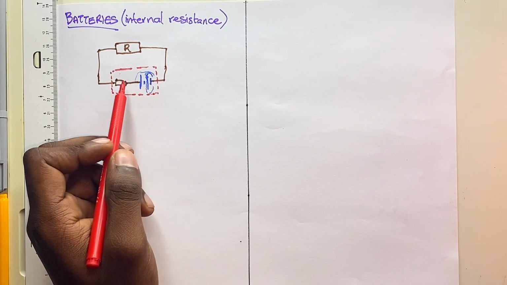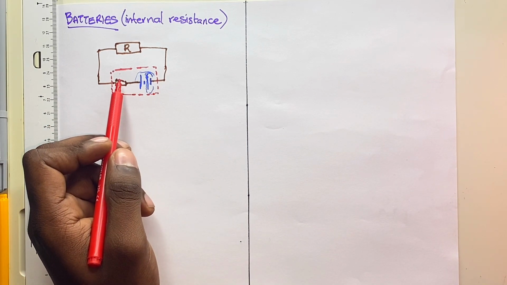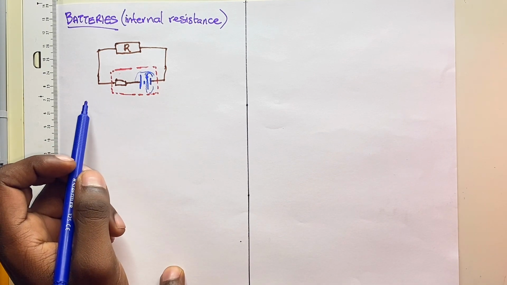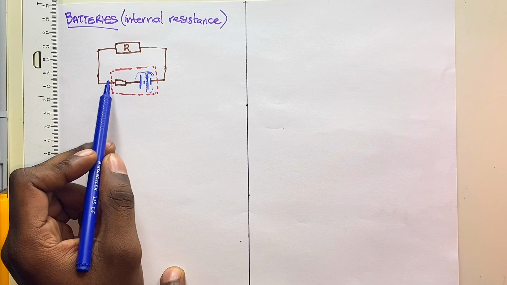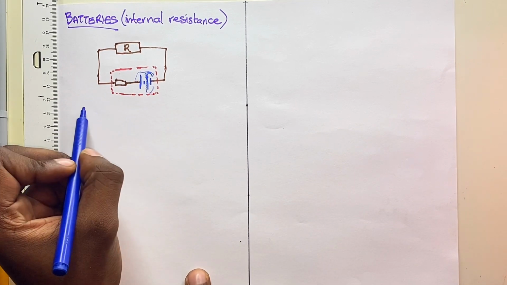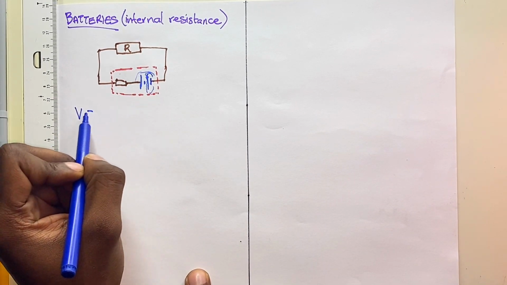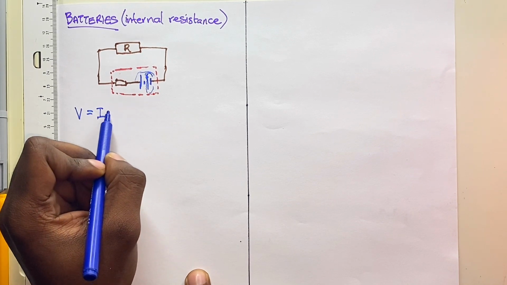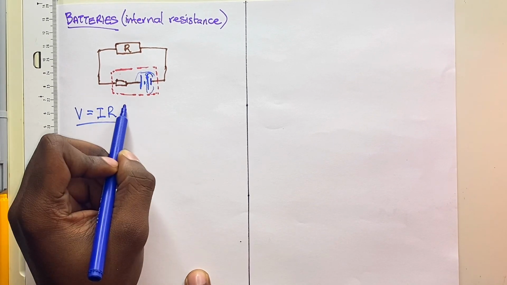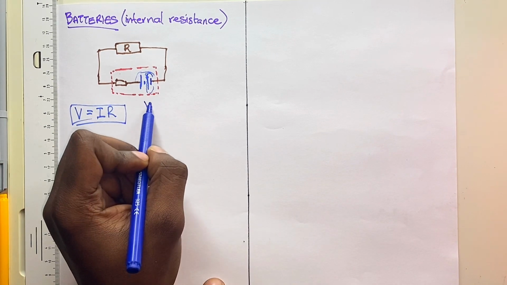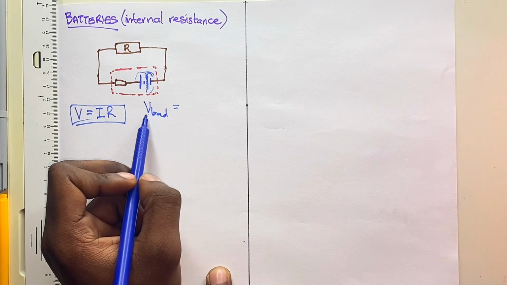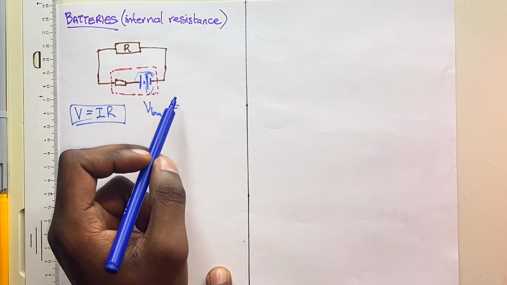The internal resistance isn't just a concept, it has real effects on the battery. Firstly, it causes a voltage drop as current flows. Remember with Ohm's law, to calculate the voltage, voltage is equal to current multiplied by resistance. Let's say you have V load. This V load will be the external voltage.